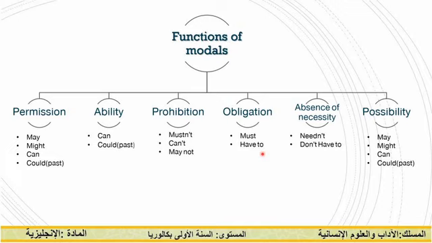Again, there is a slight difference between may and might. May is for something that is very possible. Okay, we are not sure it's going to happen, it's just possible, but it's very possible. For example, we see a lot of clouds and we say it may rain.